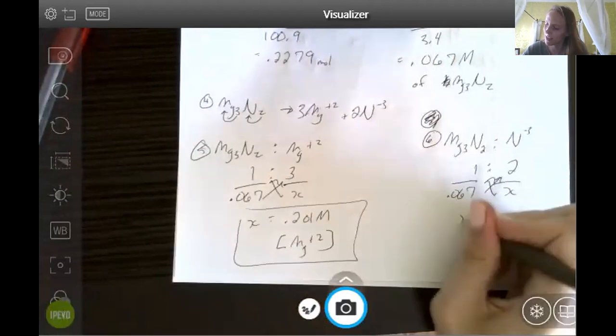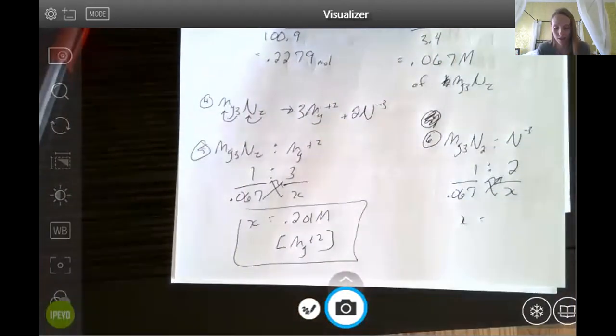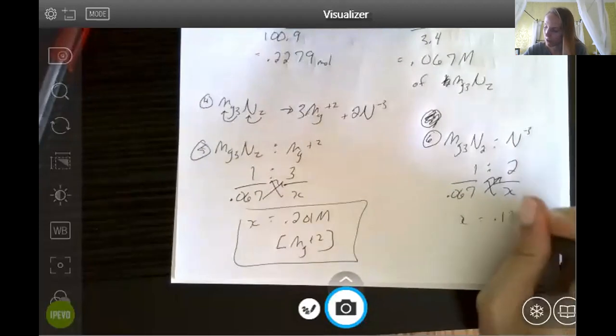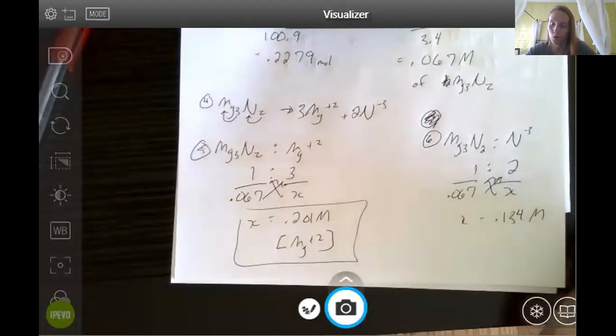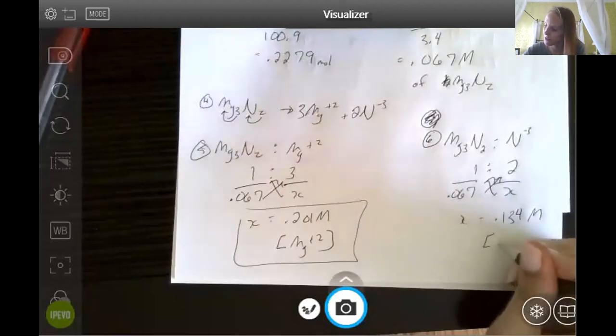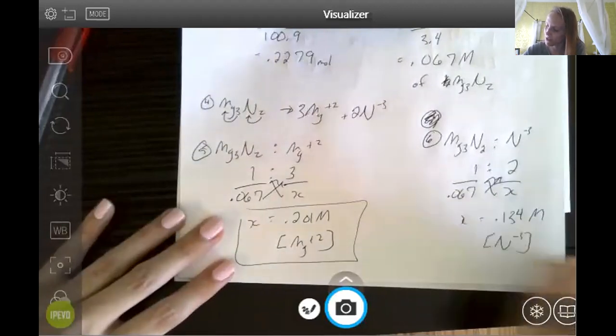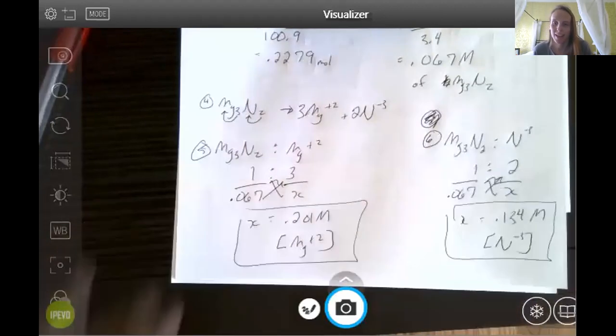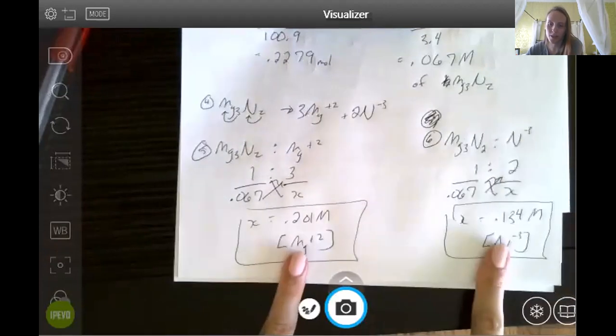X times 1 is X. And 0.067 times 2 is 0.134 molar is my concentration of nitrogen ion. Okay, so these two would be your final answer.